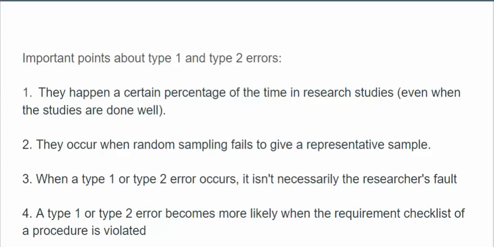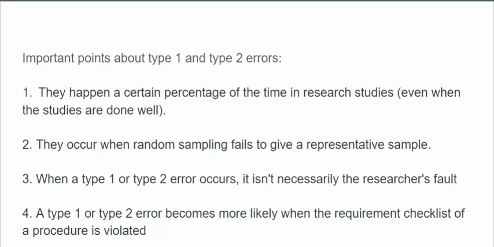So like I said, if you do random sampling and you get a non-representative or kind of unusual sample simply by chance, that's going to lead you to a type 1 error or a type 2 error. It will lead you to either wrongly say that something is happening or to wrongly assume that nothing is happening. And when a type 1 or type 2 error occurs, it isn't necessarily the researcher's fault.